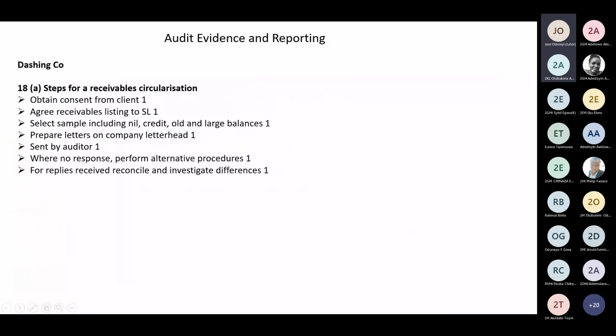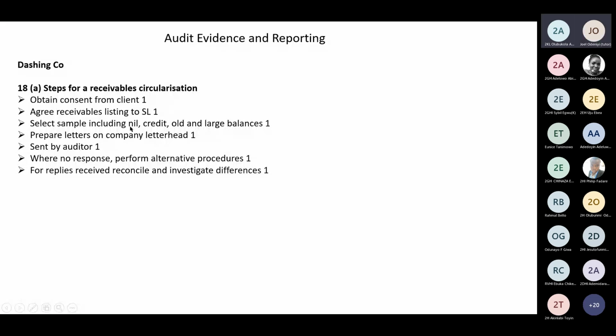So essentially, you obtain a receivables listing and you're checking it to the sales ledger that it agrees. Then you select the sample. Your sample should include new balances, old balances, credit balances, and large balances.